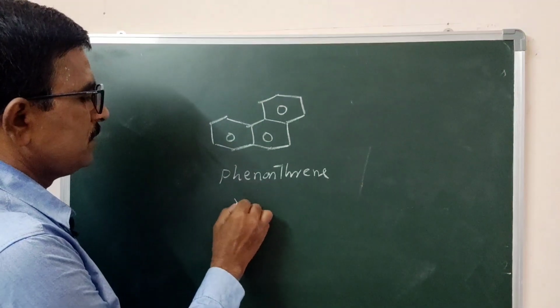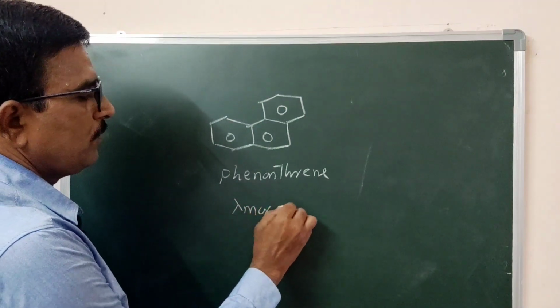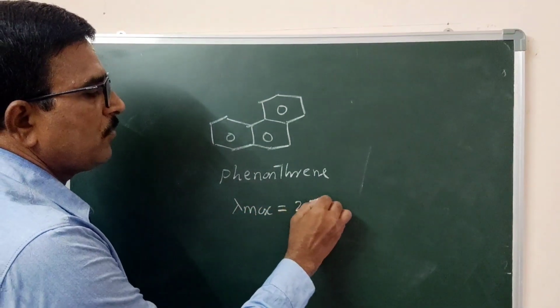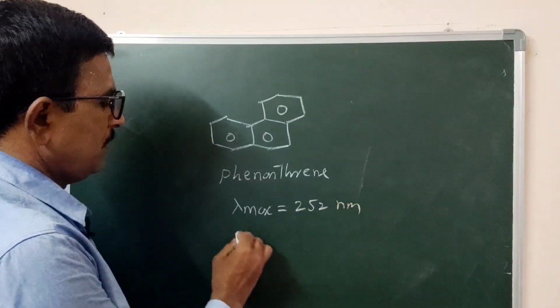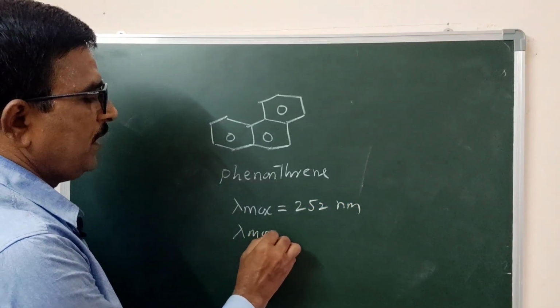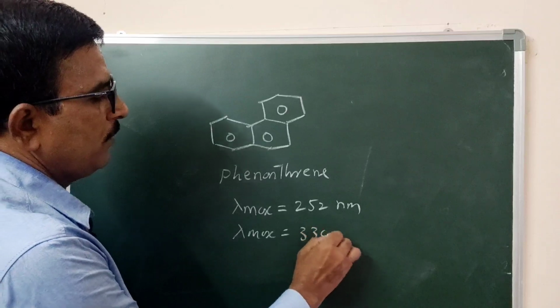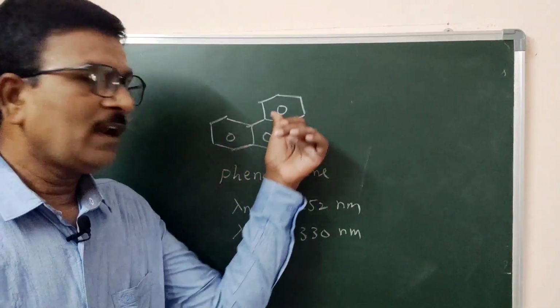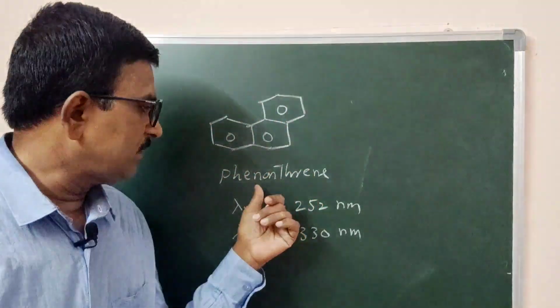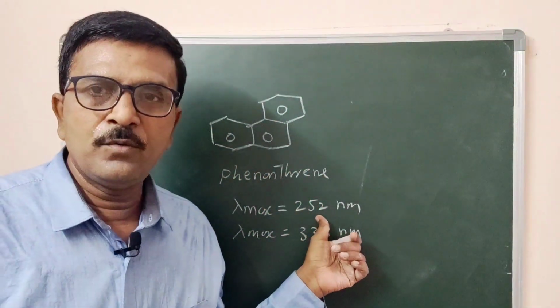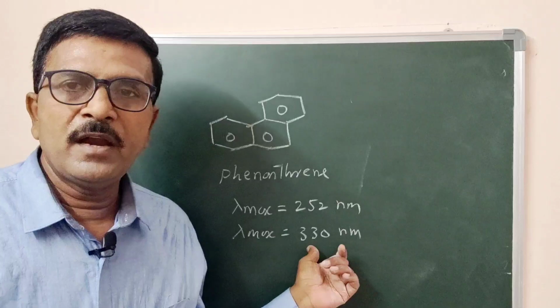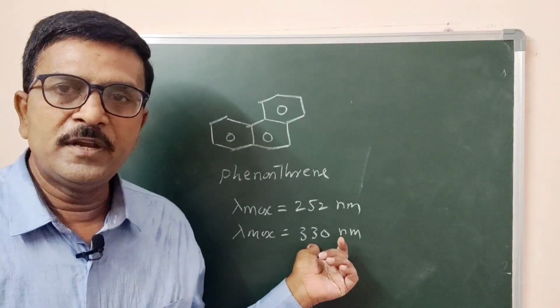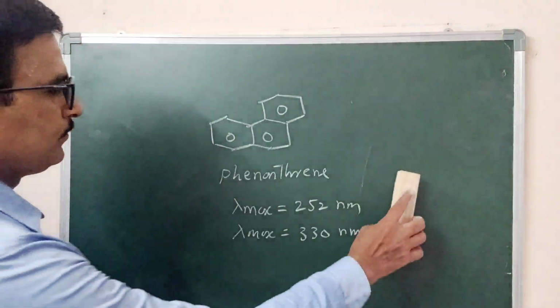The primary band, similar to anthracene, appears at 252 nanometers, but the secondary band appears at 330 nanometers for phenanthrene.